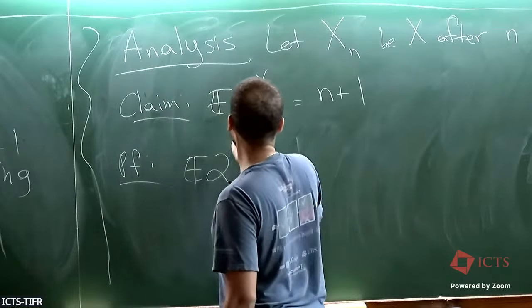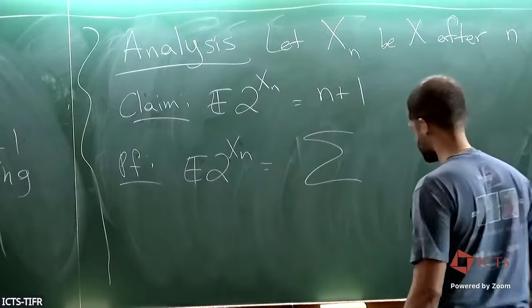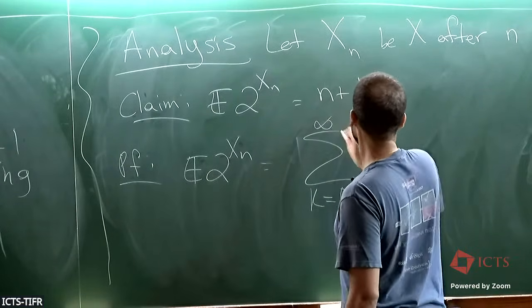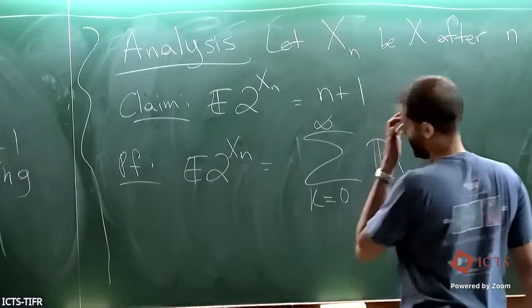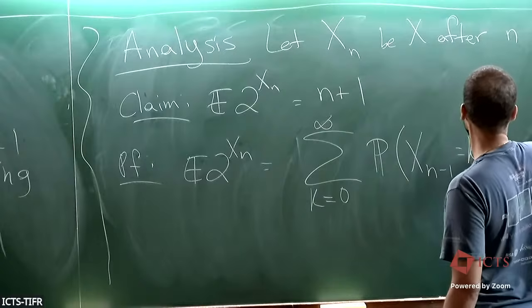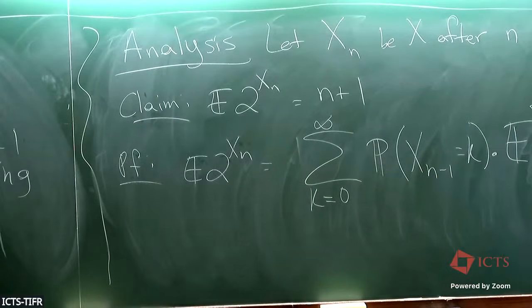Expectation of 2 to the xn is equal to the sum over all k from 0 to infinity of the probability that xn minus 1 is equal to k times the expectation of 2 to the xn, given that xn minus 1 is equal to k.